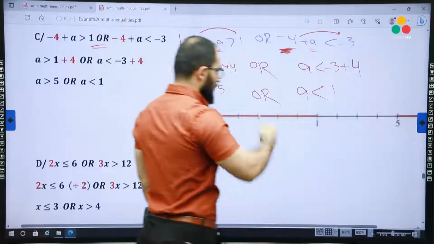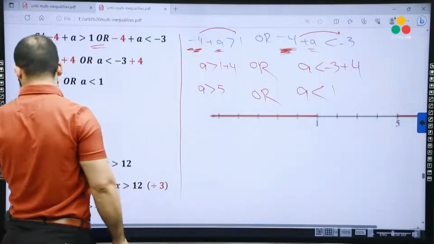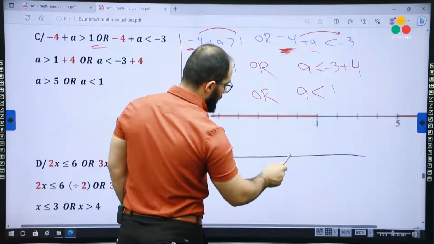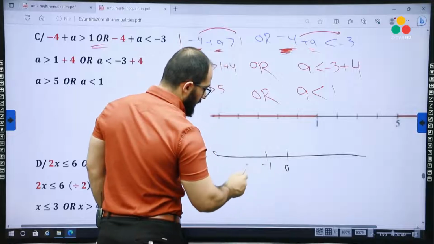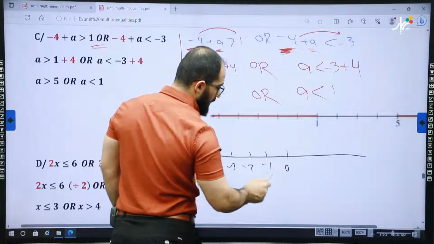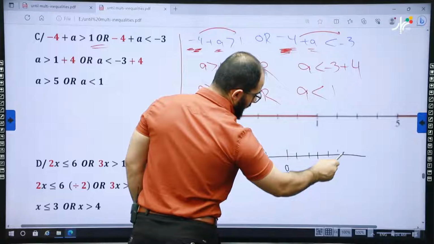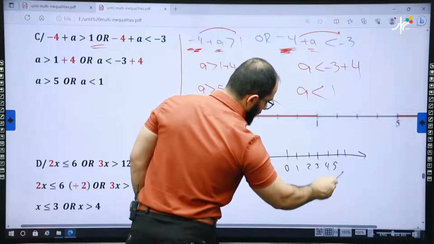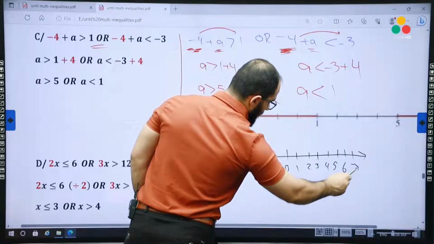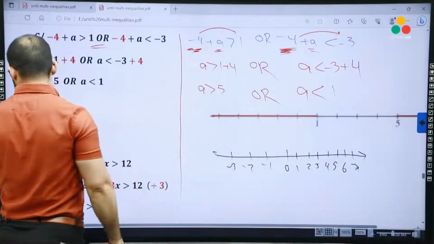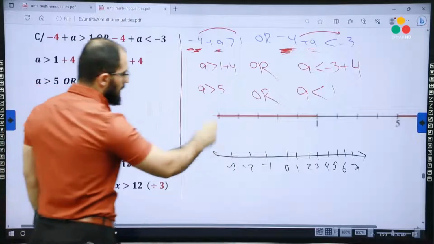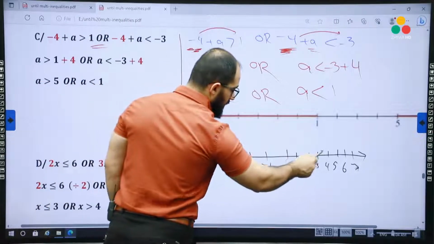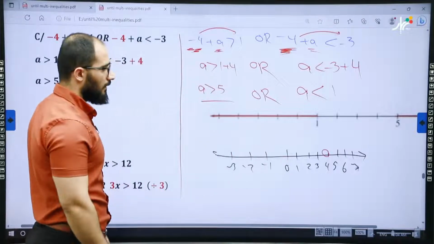So let's graph this inequality. This is the number line. We have 0, negative 1, negative 2, negative 3, 1, 2, 3, 4, 5, and 6. Let's add 7. Okay. The first one is a greater than 5.